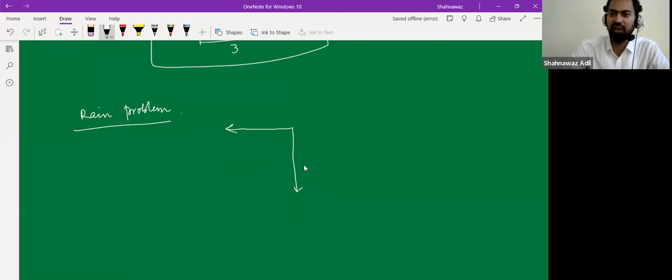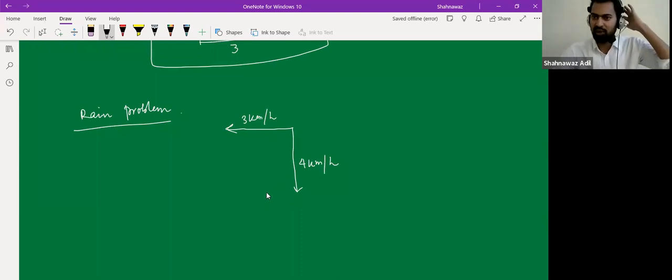So let's say the rain is falling 4 kilometers per hour. Okay. And the person is going like this 3 kilometers per hour. Okay. So in what direction he should hold the umbrella? With the vertical line. Okay.